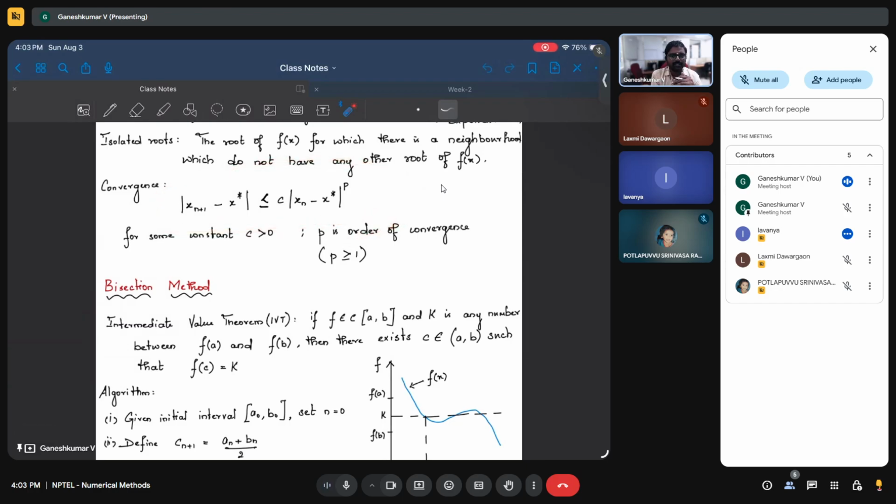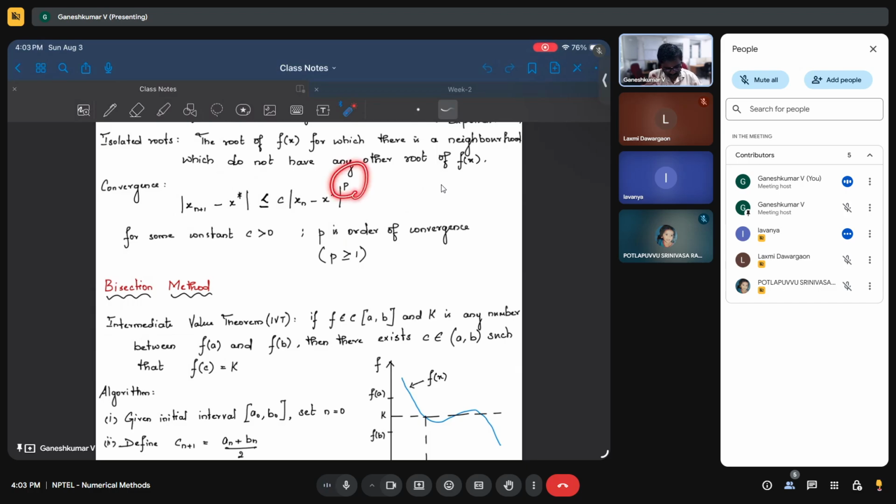This is an iterative method, so every iteration you want your solution to converge close to the original solution. If it converges quickly, then its order is higher. Formally, the order of convergence is defined such that the error in the present iteration compared to the error in the previous iteration reduces by an order p.